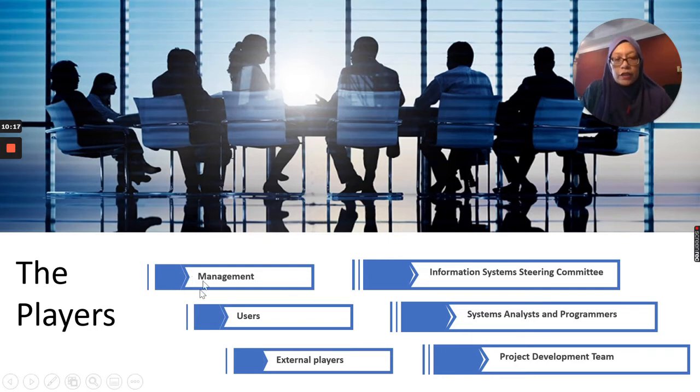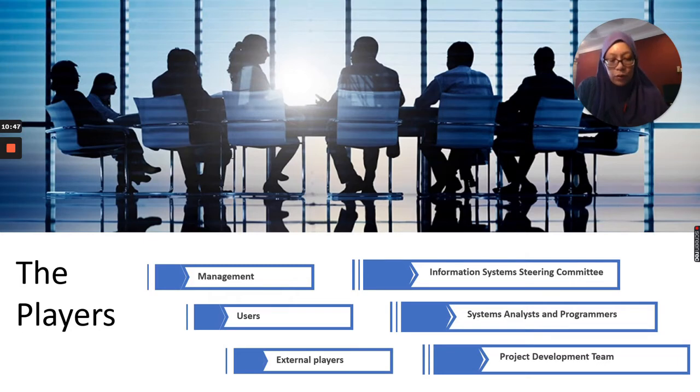The management plays an important role in the system development because they are also involved in the process. Normally management is important to support any system requests or proposals prepared by the users to the IT teams.